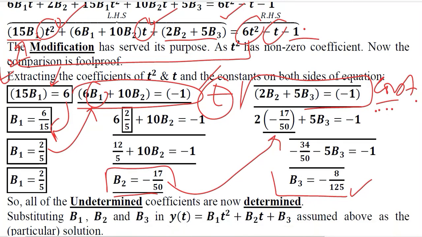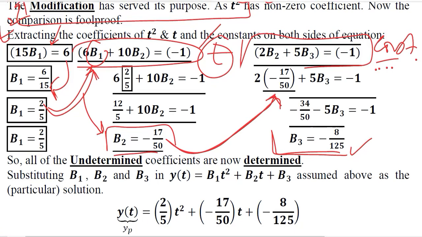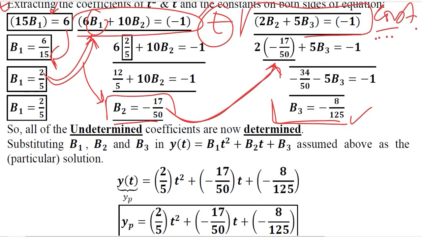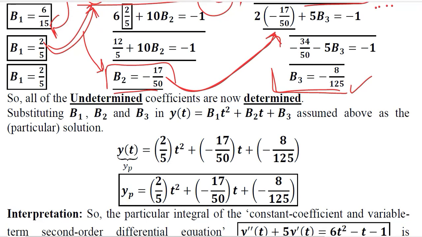So now b1 is calculated. We can put the value of b1 here to get the value of b2, and then b2 is substitutable here to give us the value of b3. So in this way we have found all the three coefficients, that is b1, b2 and b3. Once we have these values, we can put them into their places and we get the particular integral.